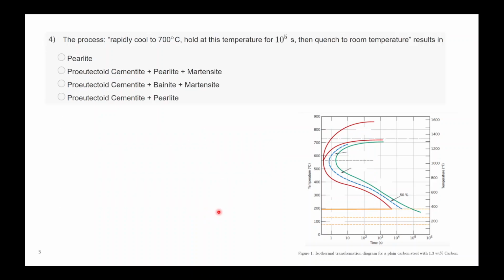The next question: the process is rapidly cool to 700 degrees Celsius, hold at temperature for 10 to the power 5 seconds, then quench to room temperature, results in.